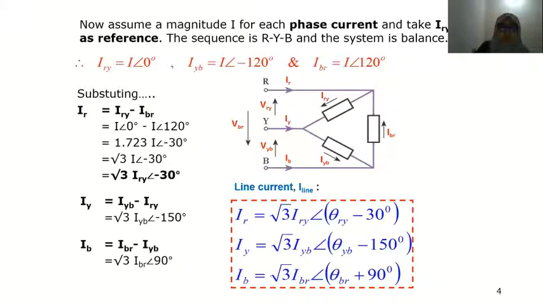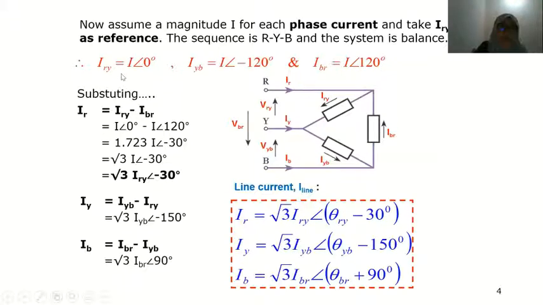In delta connection, now we have a difference in current. The IBR, the third phase current, is I with plus 120 degree.